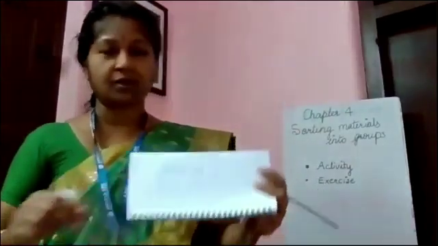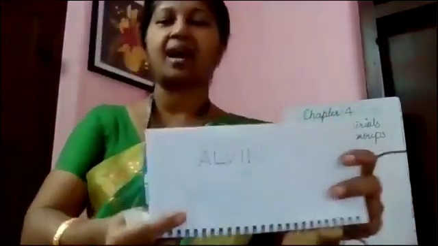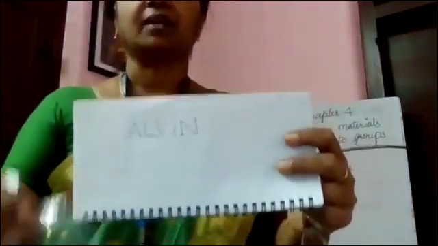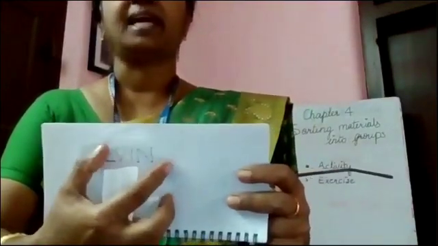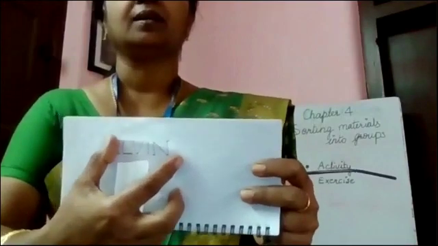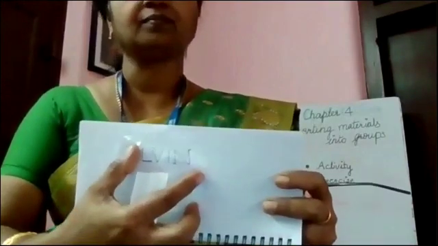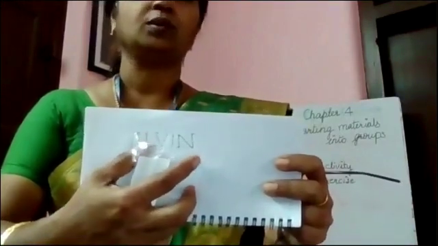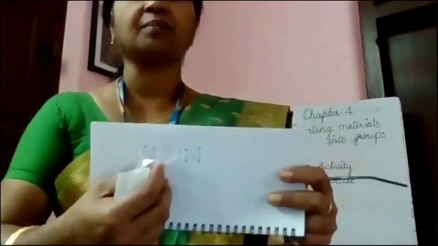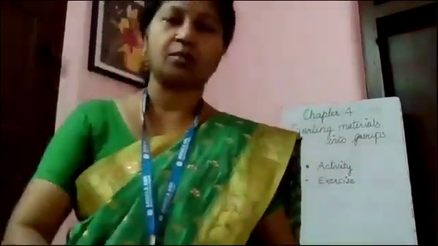You should write your name. Here I have written Alvin. Can you see? Place this polythene cover over the name in the notebook. Then you can see through it. That is, your name can be seen through this polythene paper.